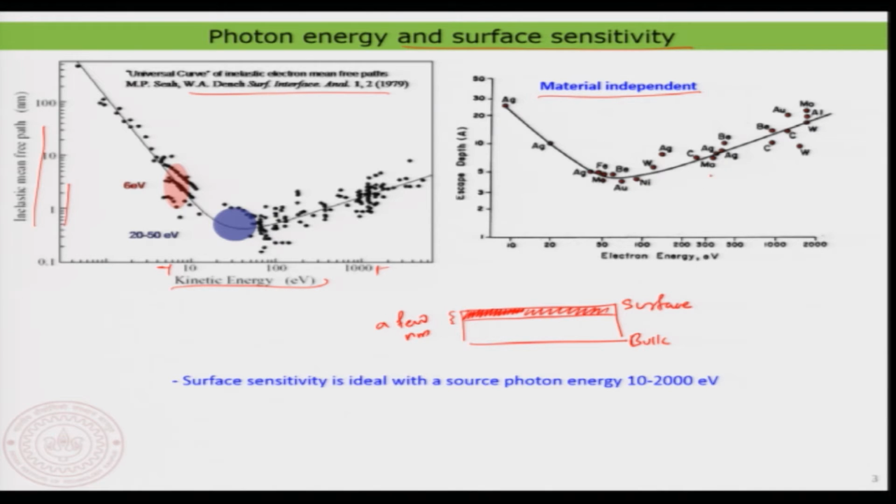People have also tried it for different materials, and they also fit nicely into the shape, which is why this shape of the inelastic mean free path versus the kinetic energy is strongly material independent. But for us it is a good message, because if we use the photoelectric effect, you clearly see that we have a very high surface sensitivity, as the electrons that are ejected are from close to the surface. So, that is the point.